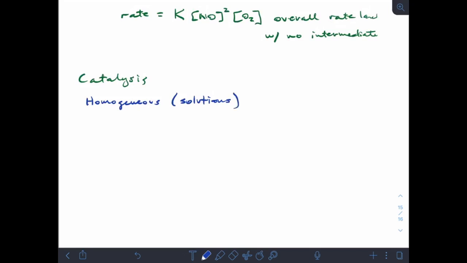So, all liquid mixture, right? The catalyst, everything involved with the reaction is all in a liquid mixture. And there's also heterogeneous, which happens at a surface.